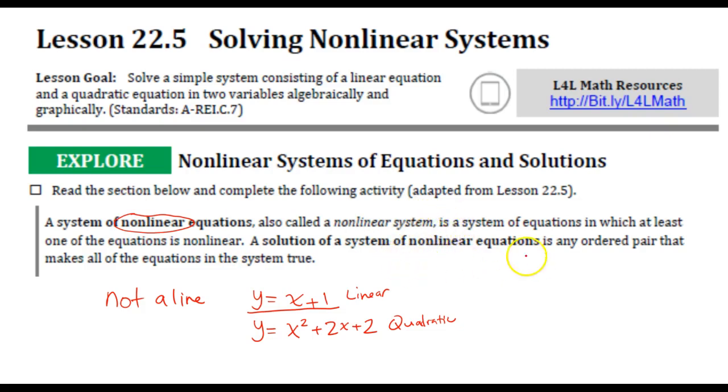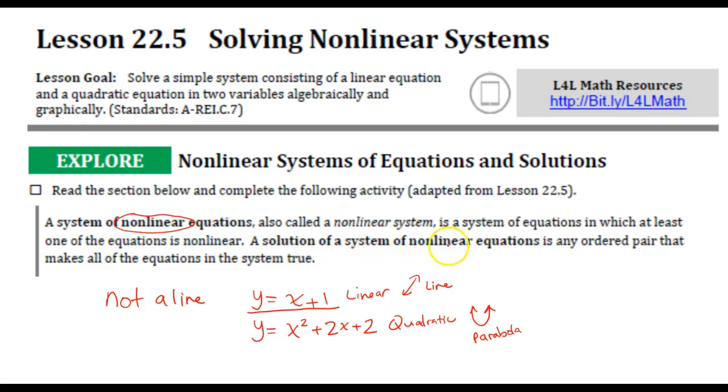And the next thing they say is a system of equations in which at least one of the equations is nonlinear. So at least one of them is quadratic, which usually looks like an upside down U or a parabola, whereas a line, linear, kind of is in the name, looks like a line.